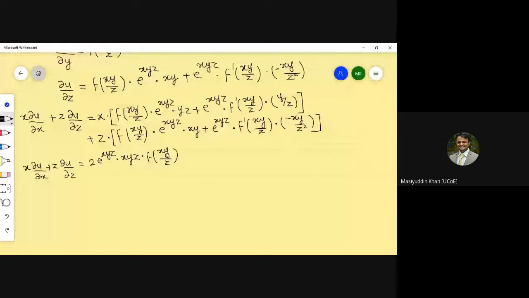नेक्स्ट पार्ट पे हम लोग आते हैं और चेक करते हैं x into this part, x into this part. So you can just see that this will become xy by z हो जाएगा आपका पार्ट. जैसे ये x यहाँ पे मल्टीप्लाई होगा, बिकॉज ये तीनों टर्म्स में x मल्टीप्लाई होगा. So you just observe this xy by z.